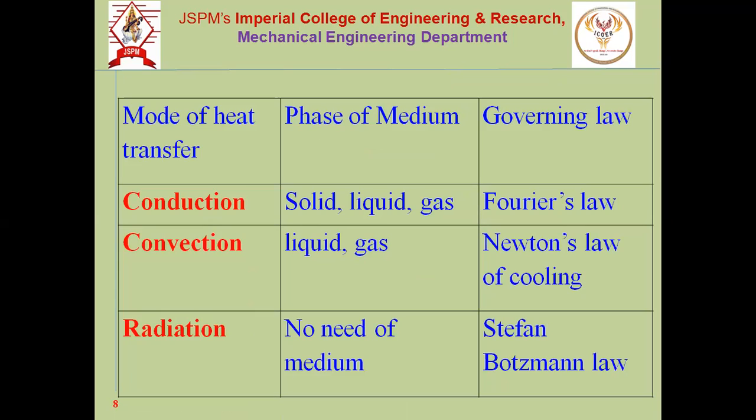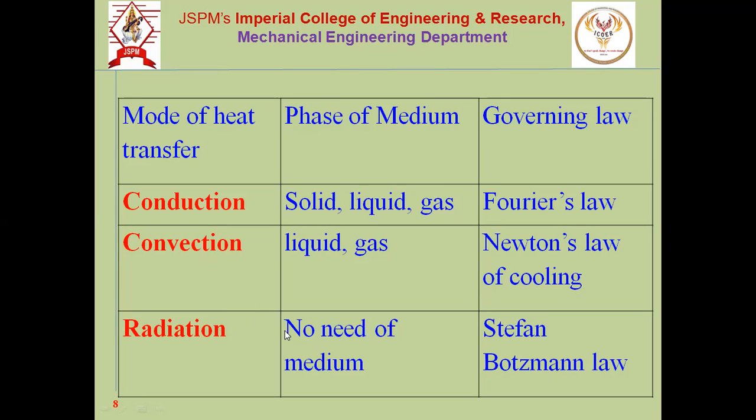Now let us understand the different modes. Conduction occurs in all phases: solid, liquid, and gas. When it occurs in a gas, there is no gas movement. The governing law is Fourier's law. Convection happens in liquid and gas, and the governing equation is Newton's law of cooling.